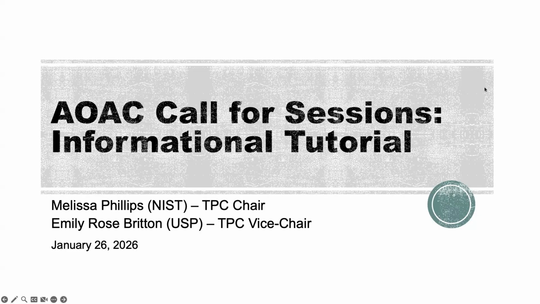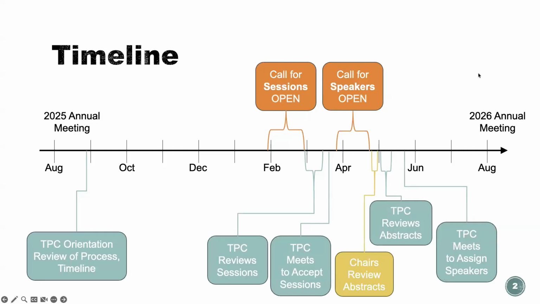So just to get started, I wanted to share the timeline. The TPC adjusts this timeline every year, but in general, we are sort of in the center of this diagram. The call for sessions is about to open later this week.